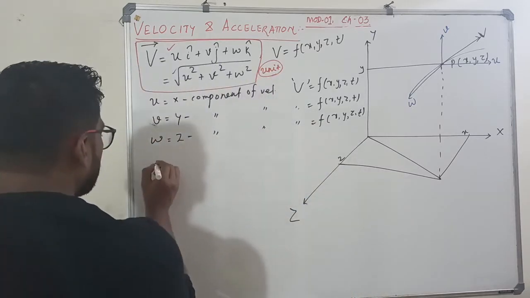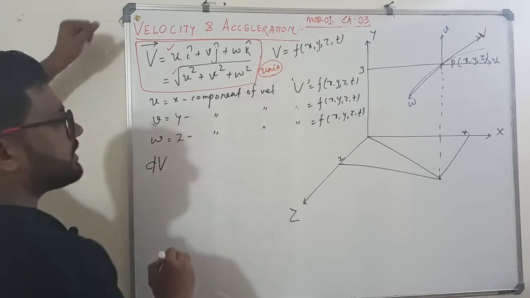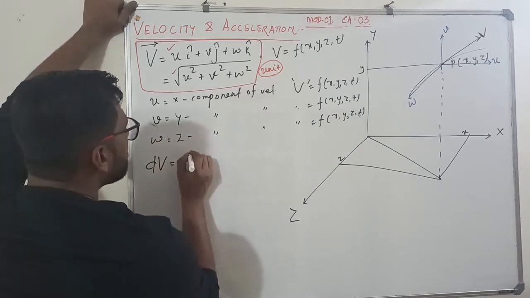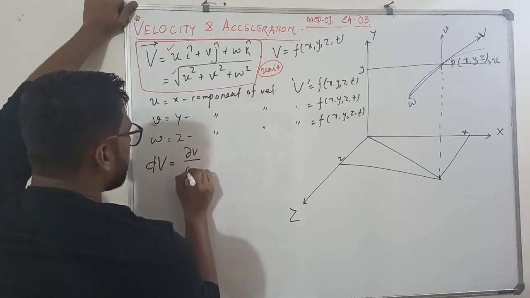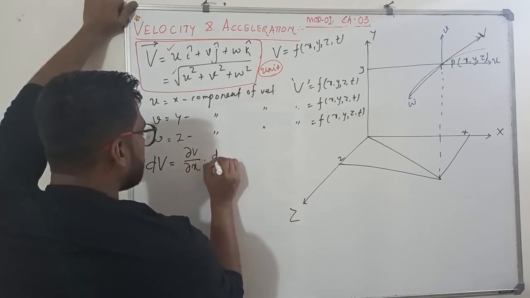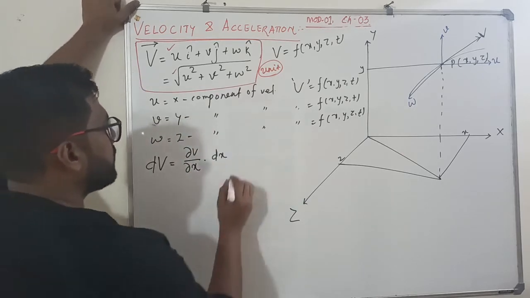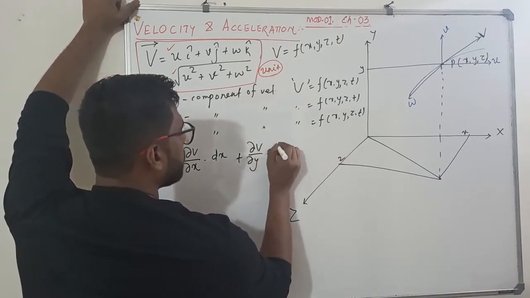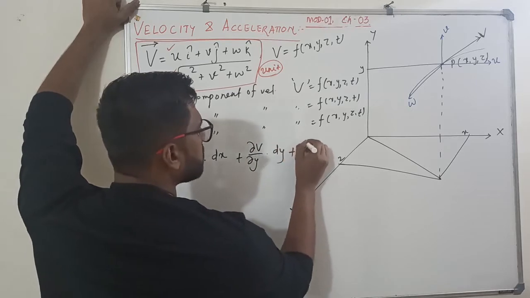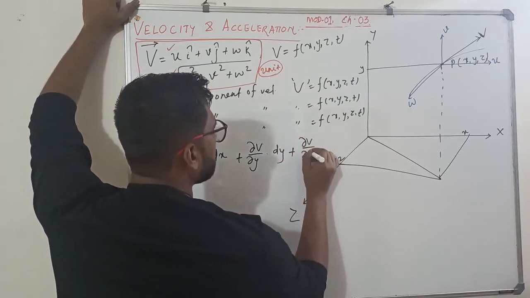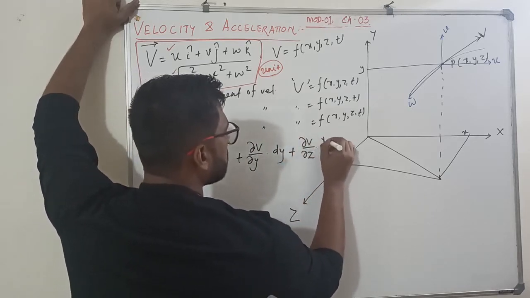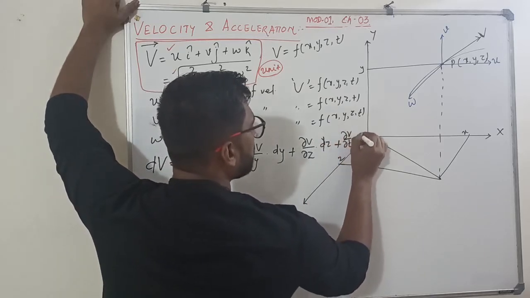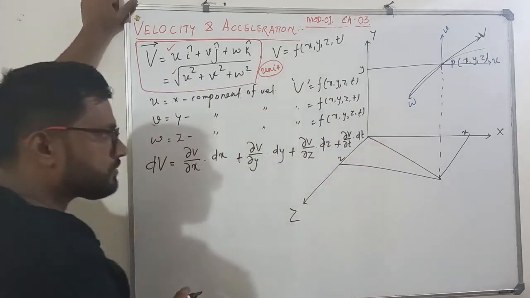If I write the change in velocity dV, it will give you dou V by dou x into dx plus dou V by dou y into dy plus dou V by dou z into dz plus dou V by dou t multiplied by dt.